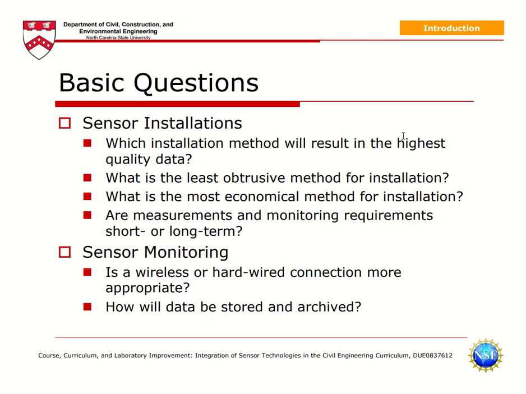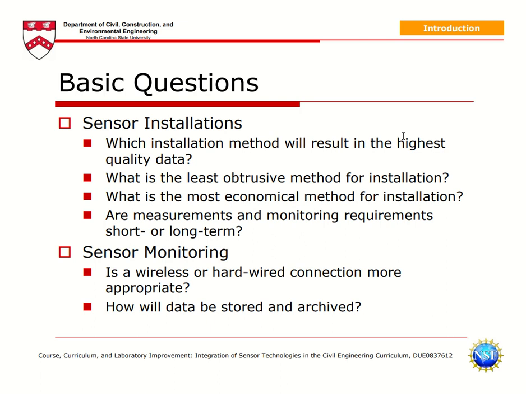Then you have to ask what is the least obstructive method for installation. So first, which installation method will result in the highest quality data? For example, I want to measure the current flowing from a particular cable, or flowing from a particular conductor. Then how will I measure it?